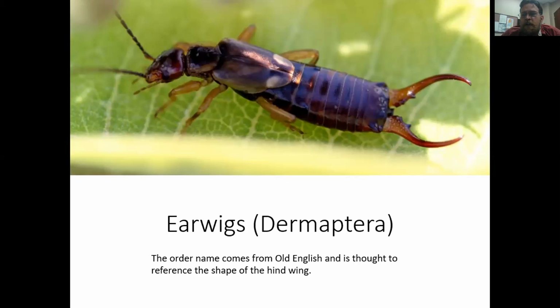Earwigs generally are one of the insects that people tend to look at and have a little bit of a disgust reaction. There's, of course, a fascinating story, or different stories, about how people think they got that name. The most distinguishing feature of them is those two hook-like appendages on the back of their body called cerci.